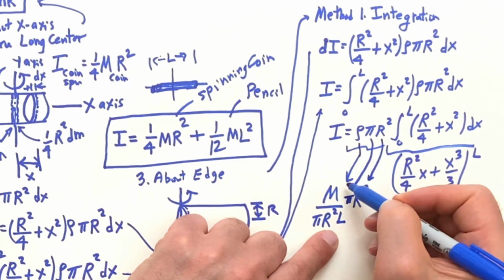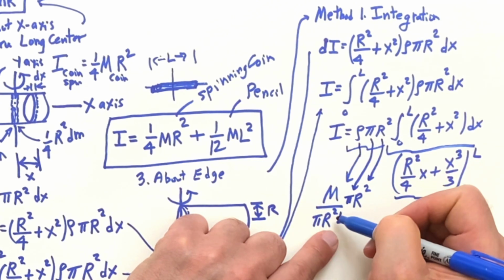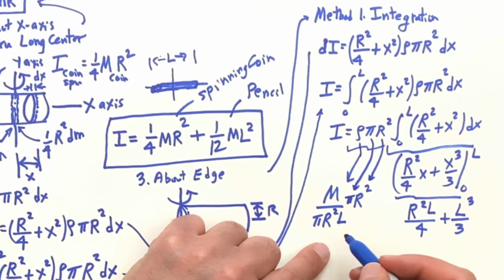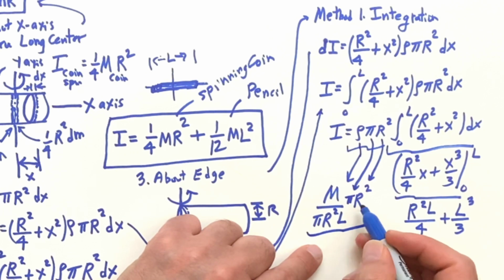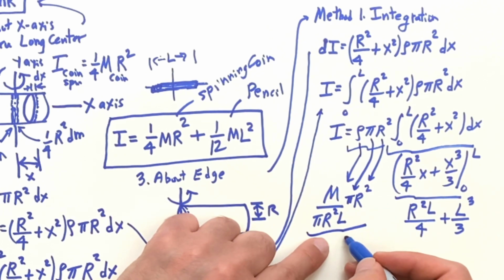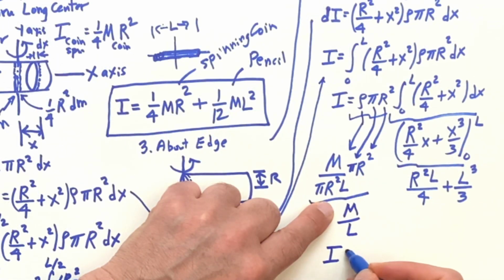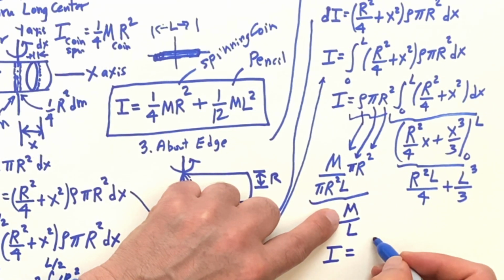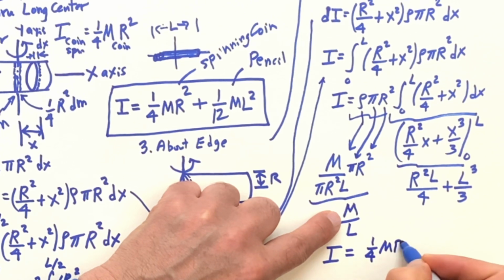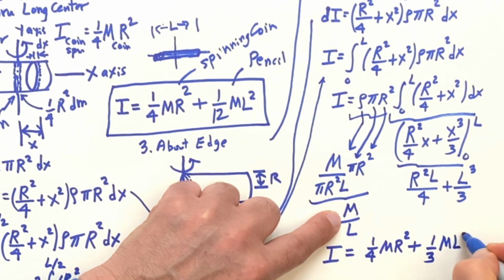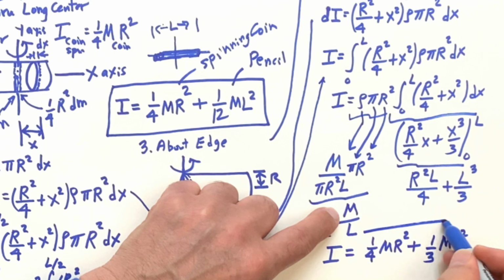So the rho is the total mass over the total volume. And then we see we have some cancellations here. Pi is going to cancel, and the r squared is going to cancel. We're just going to have an m over L. So that means we're going to have 1/4 m r squared plus 1/3, and L is going to cancel, m L squared.